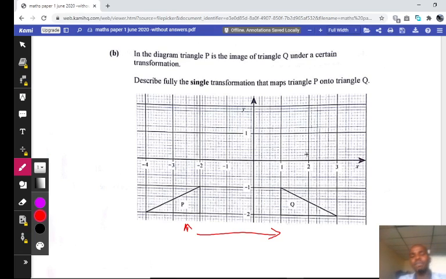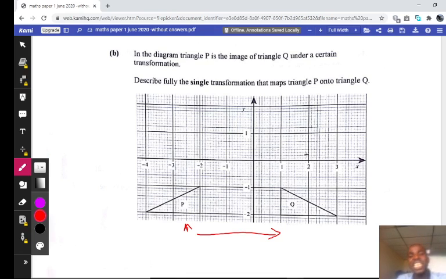First, what you check is the size. For translation, rotation and reflection, the size will remain the same. If it's enlargement, stretch or shear, the size will change. Here the size remains the same. Can it be a translation?